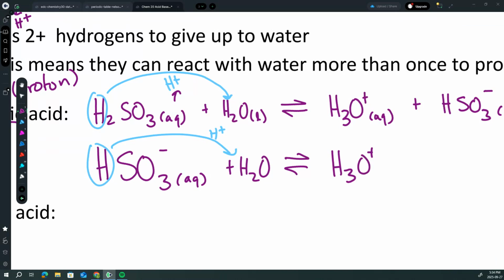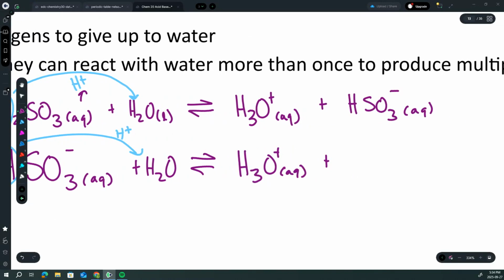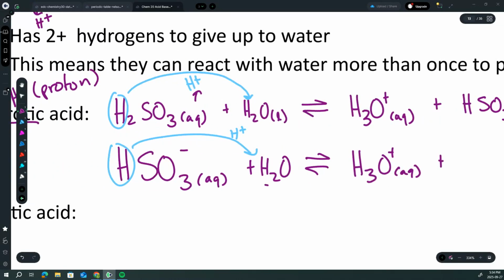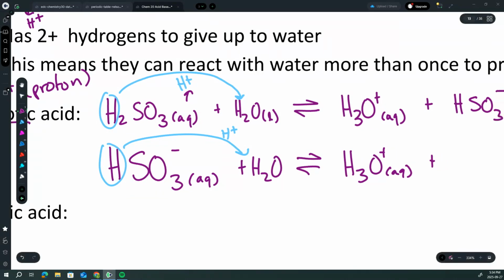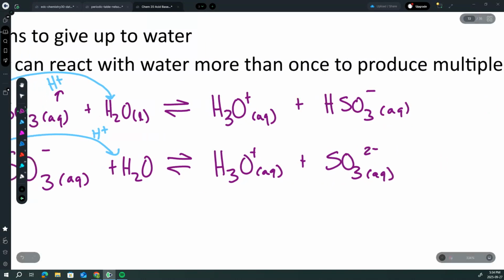So H3O+ aqueous plus. The hydronium ion is just water with one extra proton on it. Now we visualize this with one less proton on it, so that's going to look like SO3 2-. Why the 2- charge?